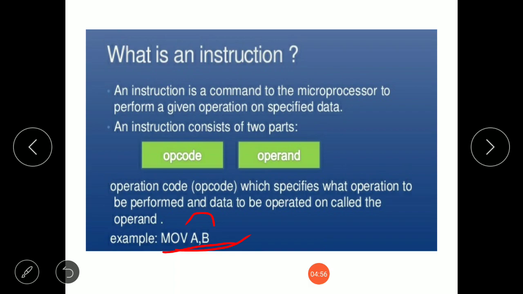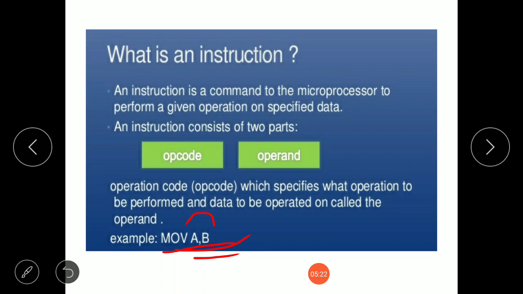Here the opcode is MOV and the operands are A and B. That is, the content of register A and the content of register B, which is going to get copied from one location and pasted in the other location. This operand can be 8-bit or 16-bit data.